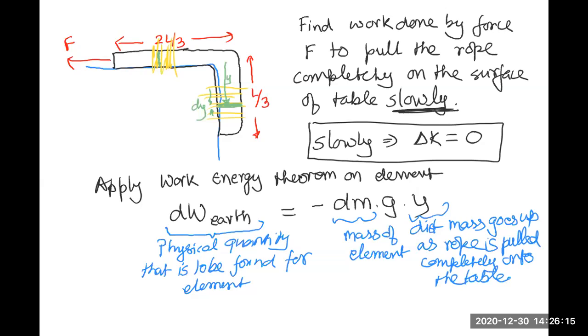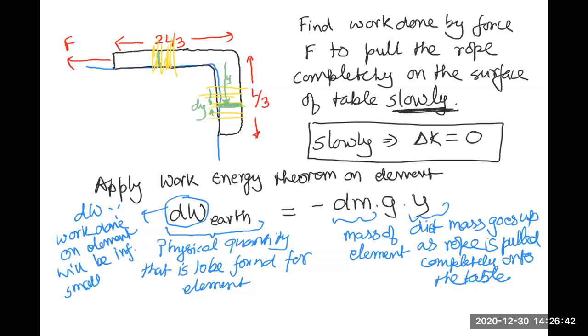Minus sign because it is going up. So this is dW, since the work done on the element will be infinitesimally small. Did everyone understand what I have written here?